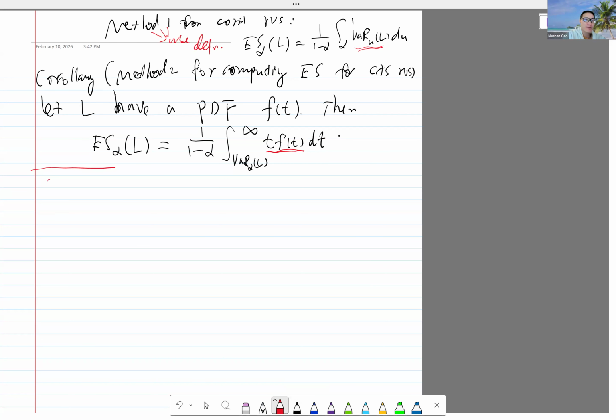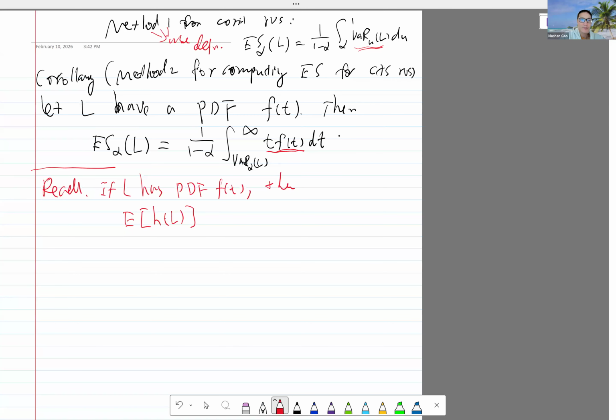For the proof, recall that if L has density function PDF f of t, then, as we mentioned in MTH 304 and MTH 700, the expectation of h of L equals the integral from negative infinity to infinity of h of t f of t dt. Do you still remember this one?